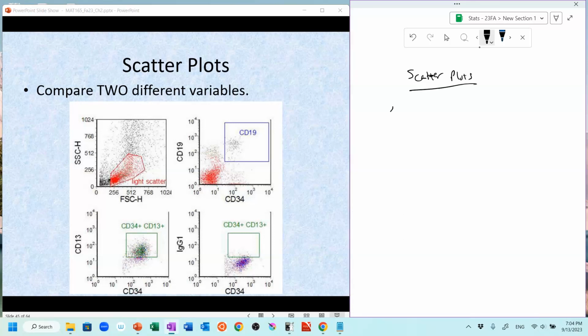So before we had one variable, say something like grades, and we had different classes. And the vertical axis was always something like frequency or relative frequency, something like that.